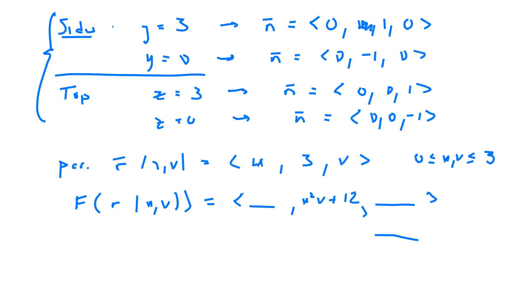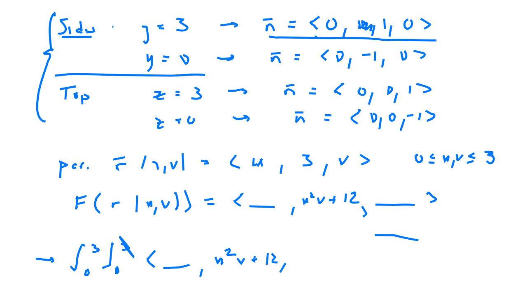And we could do the same thing for the first and third component, but we don't really need to, because we're then going to take the dot product with n. So we're going to get the double integral from 0 to 3 for both of them, and then whatever these are, of those things.